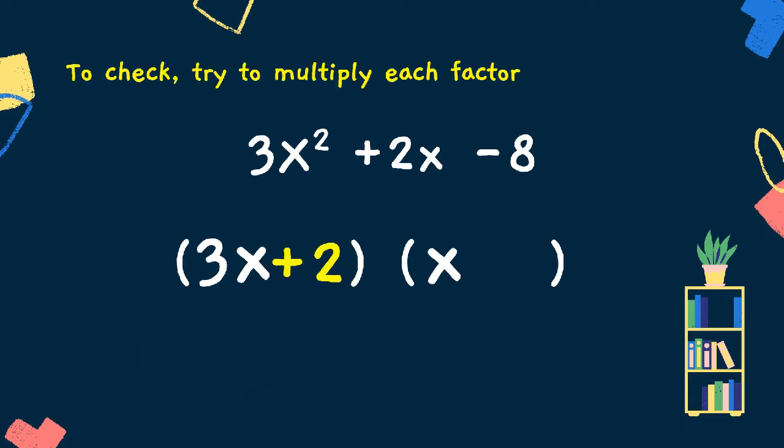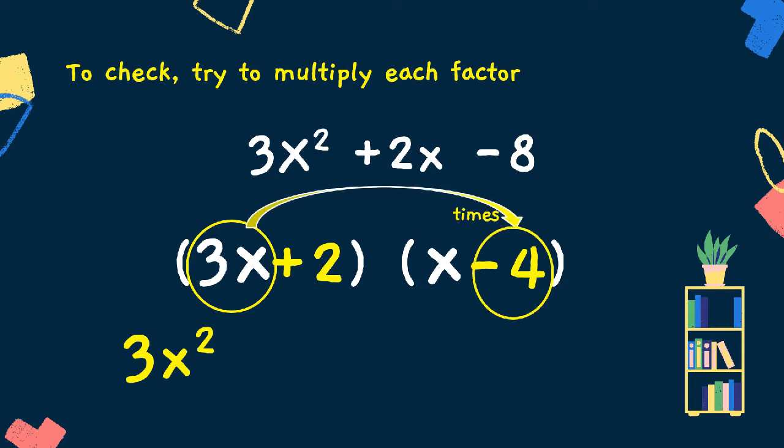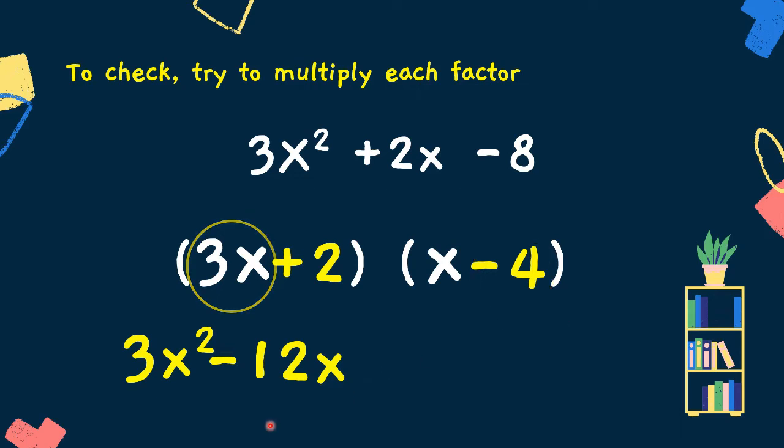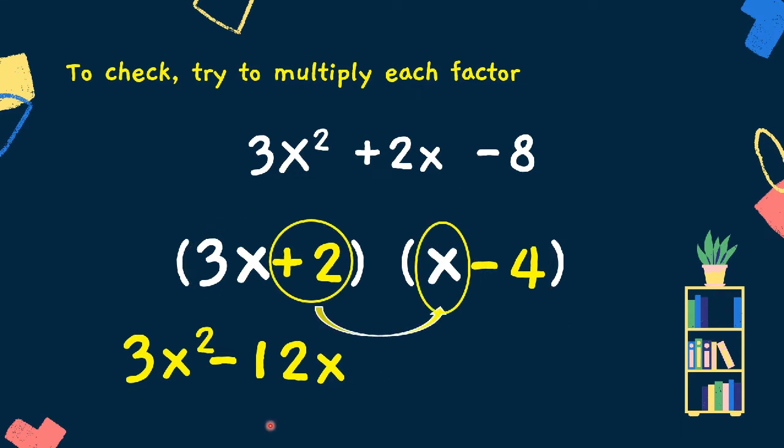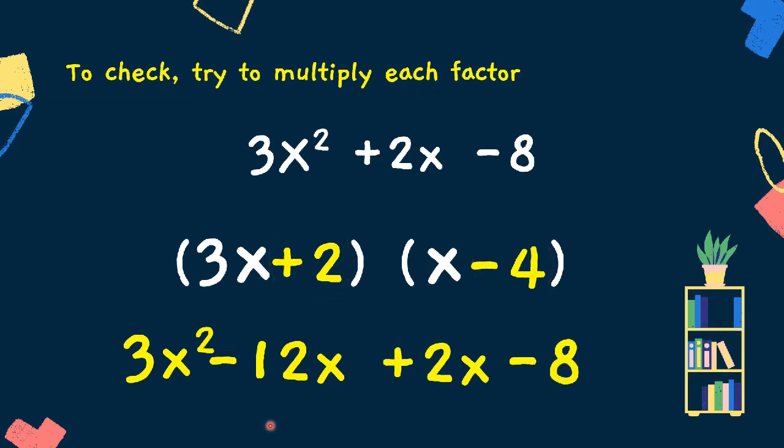We will plug in positive 2 and negative 4 and check by multiplying. 3x times x is equal to 3x squared. 3x times negative 4 is equal to negative 12x. Next, positive 2 times x is equal to positive 2x. Positive 2 times negative 4 is equal to negative 8.